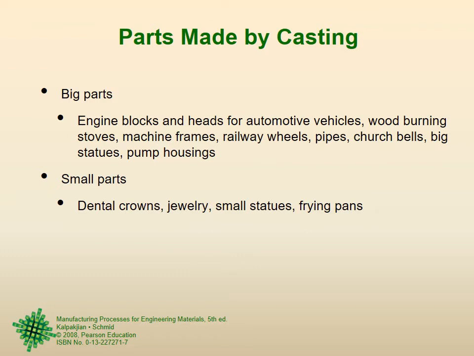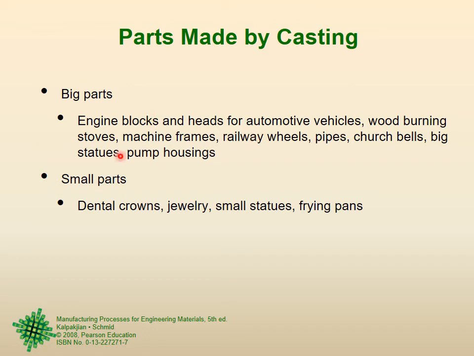Parts made by casting: you can produce big parts and you can produce small parts. That is why it is such a universal and popular method, because some methods you can do only big parts, some only small parts, but by casting you can do very big to very small. Very big ones: engine blocks and heads for automotive vehicles, cars, trucks, and so on; wood burning stoves, machine frames, railway wheels, pipes, church bells.